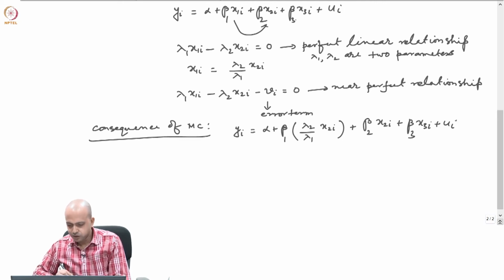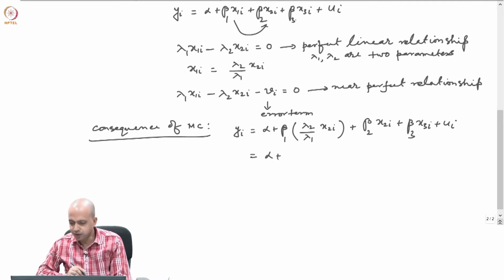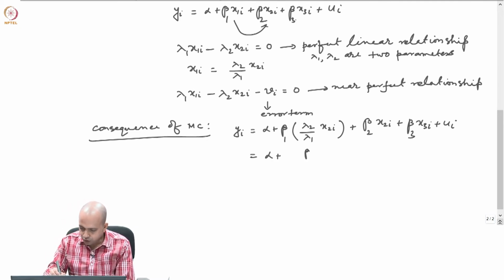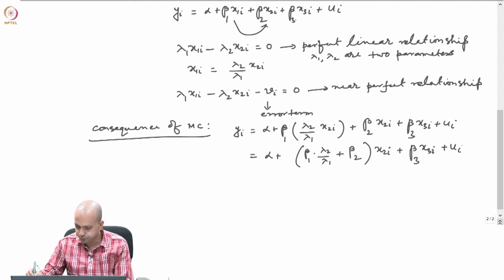So this again I can write as alpha plus beta 1 into lambda 2 by lambda 1 plus beta 2, taking x2i as common, plus beta 3 x3i plus ui. Now, if you estimate this model, the coefficient of x2i would be this.